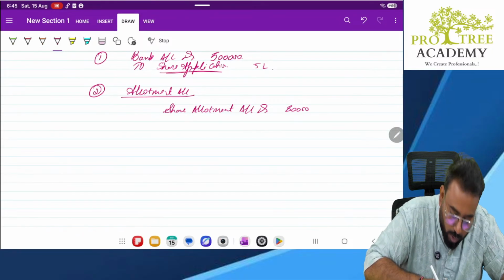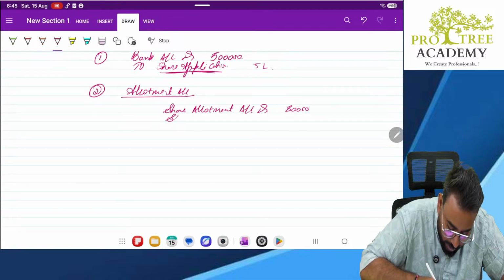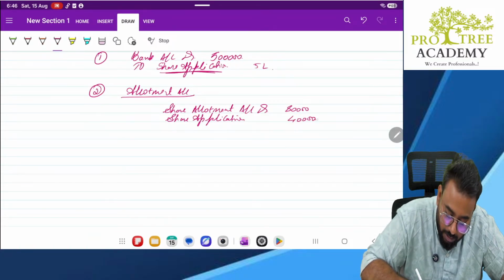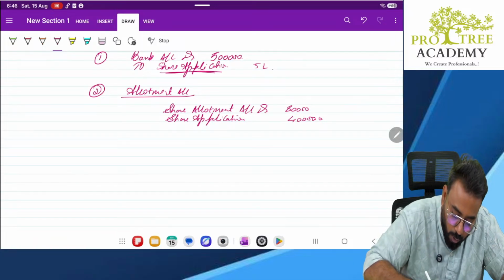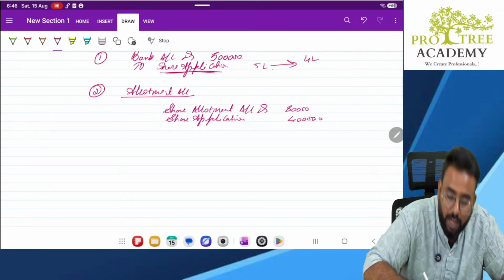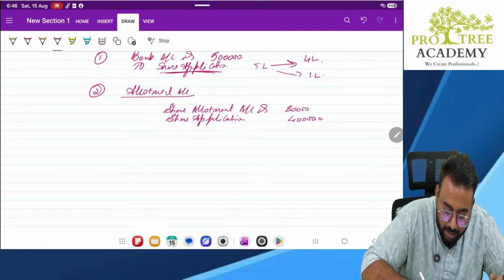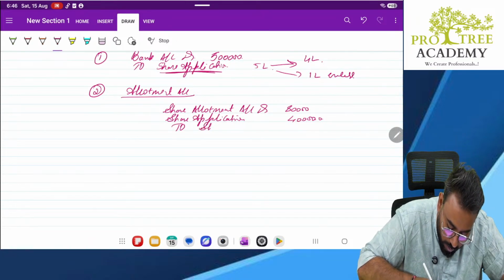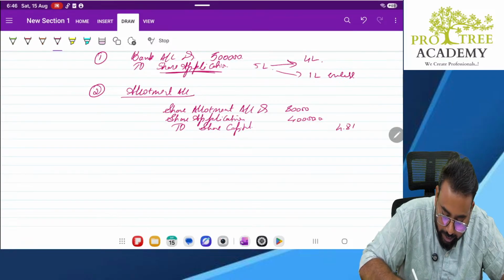Then share application debit, 4 lakhs. Sir, why only 4 lakhs? Because out of this 5 lakh, I have allotted 4 lakh worth of shares. 1 lakh excess with us. Correct? Yes, sir. To share capital, 4.8 lakh. Correct?